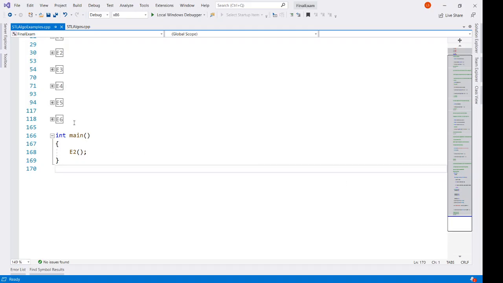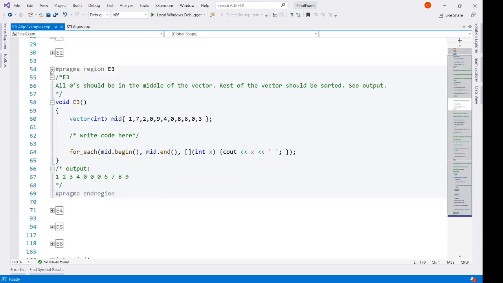Moving to the third example, we have this problem. All zeros should be in the middle of the vector. The rest of the vector should be sorted. See the output.